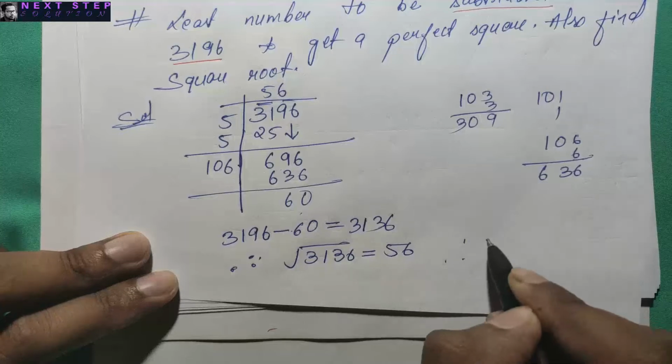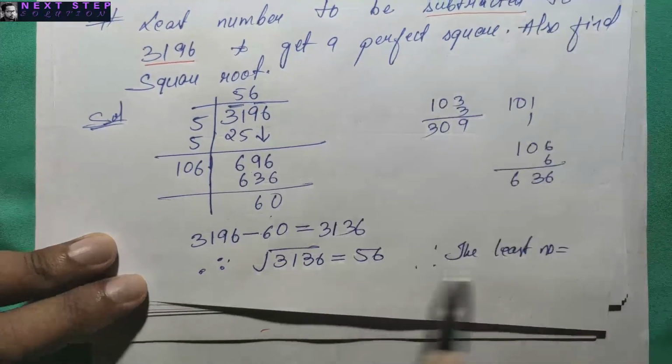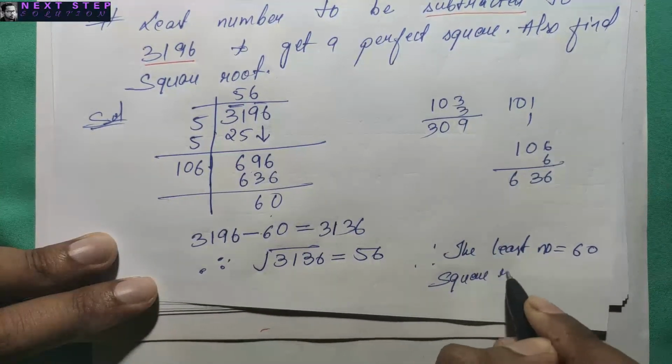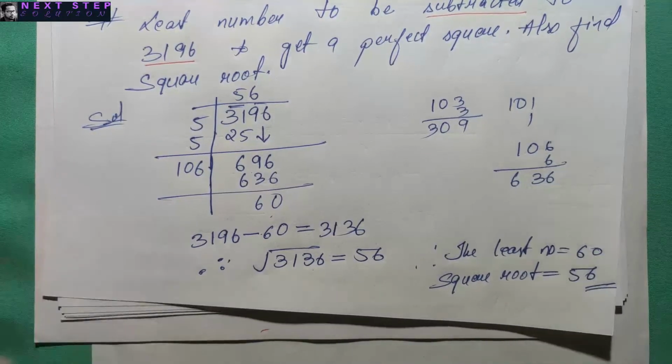So therefore the least number is 60, and the square root is 56. This becomes the answer.